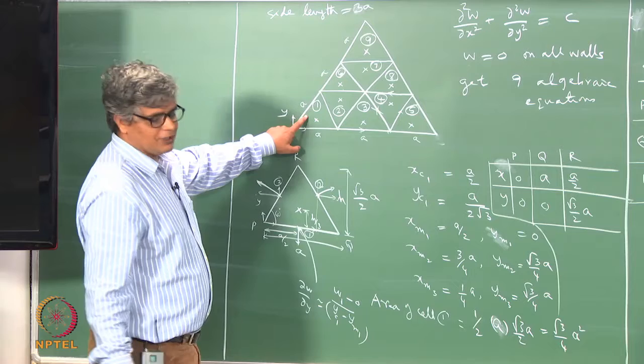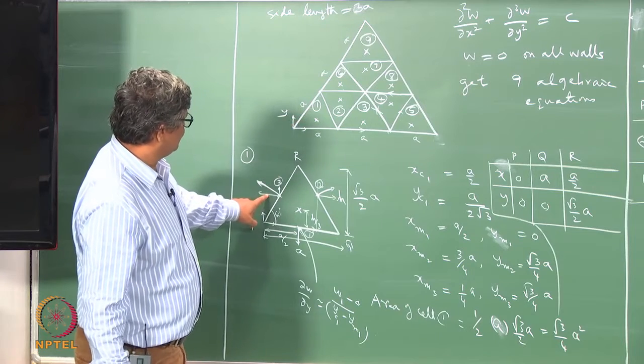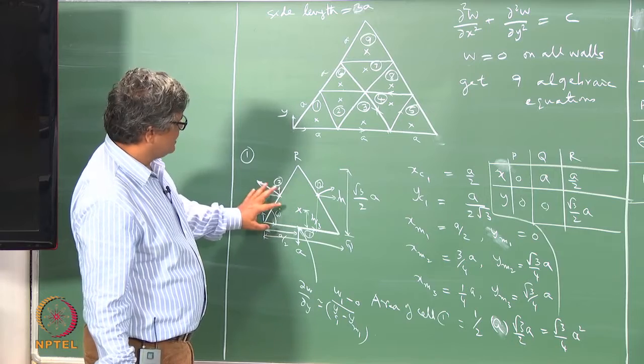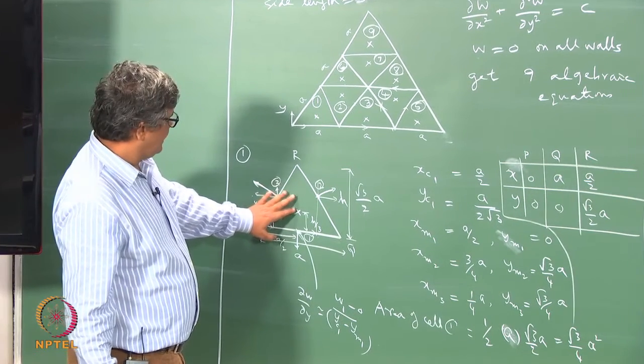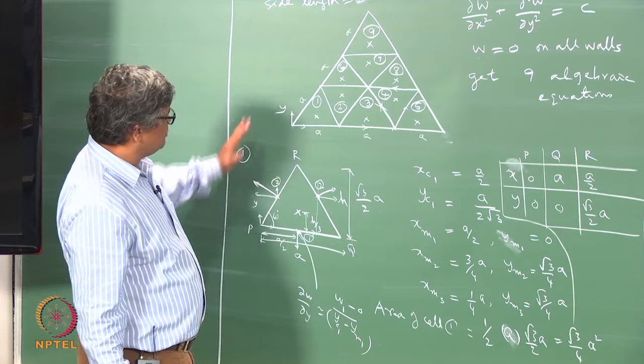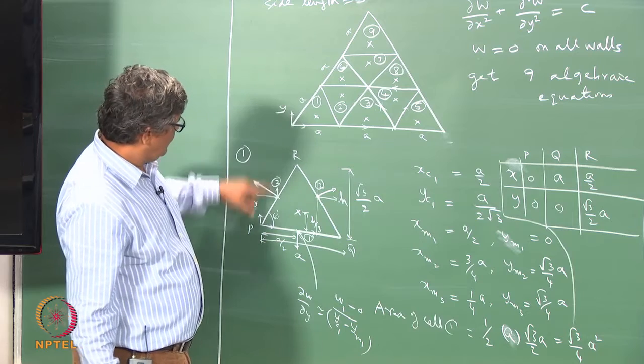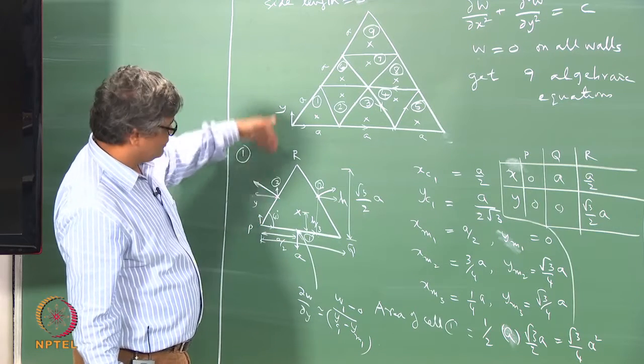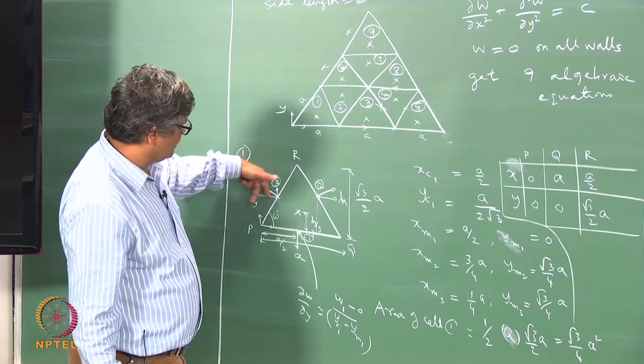Now you come to this side here. Here dou w by dou x is to be estimated from this and the immediate neighbor. There is no immediate neighbor because it is a wall, and we know that the w velocity at this wall is 0. So we are bringing in the information of the boundary condition here.